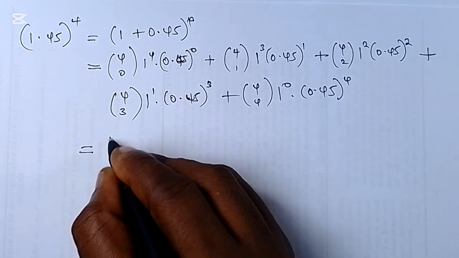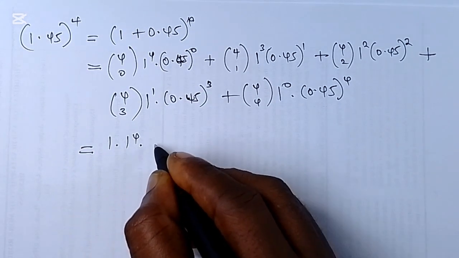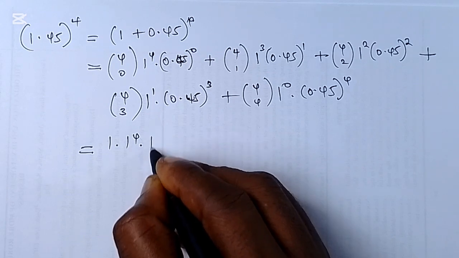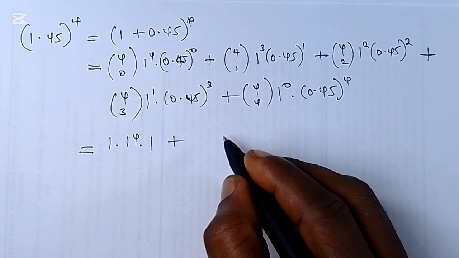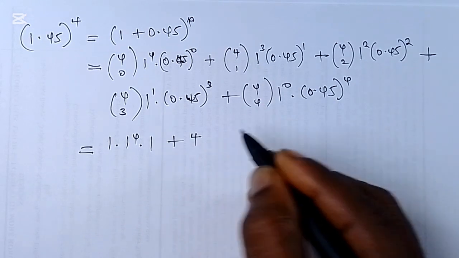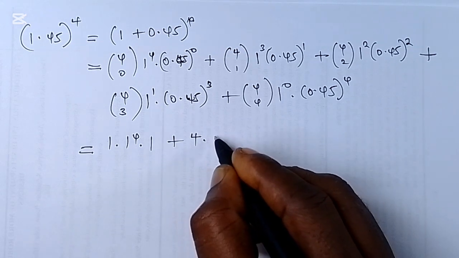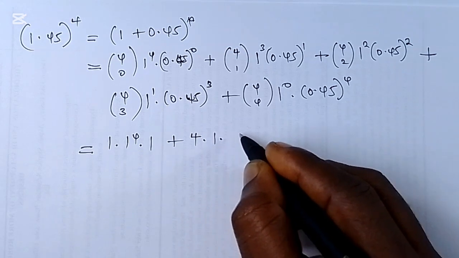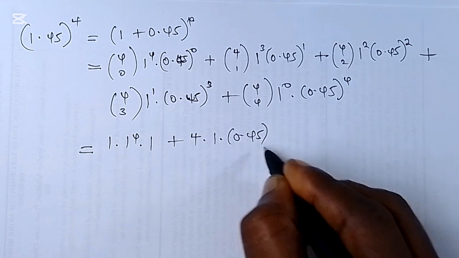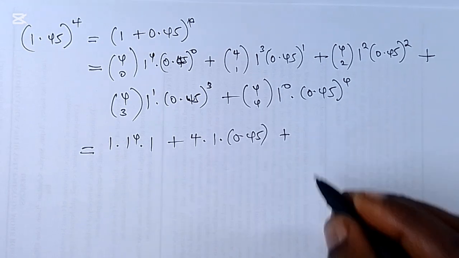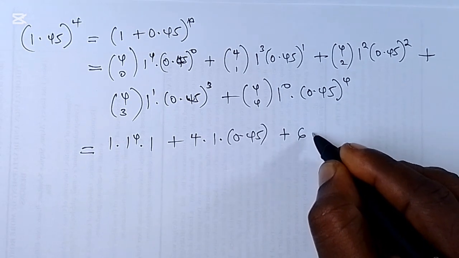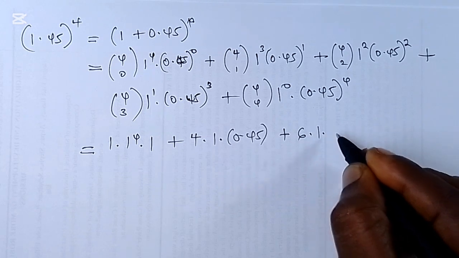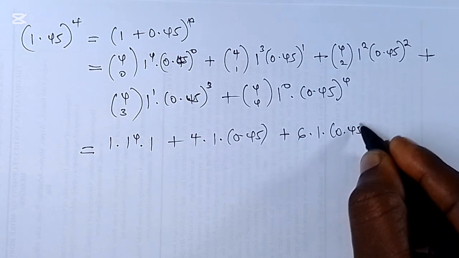4 combination 0 is 1, so this is 1 times 1 raised to the power 4 times 0.45 raised to the power 0 is 1, plus 4 combination 1 is 4. Okay, so this will be 4 times 1 raised to the power 3, which is 1, times 0.45. The next one will be 4 combination 2. This will be 6 times 1 raised to the power 2, which is 1, times 0.45 squared.